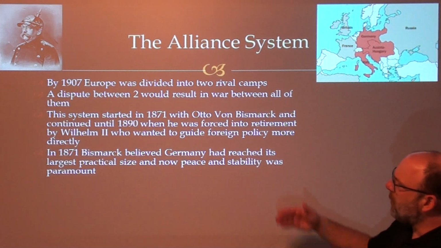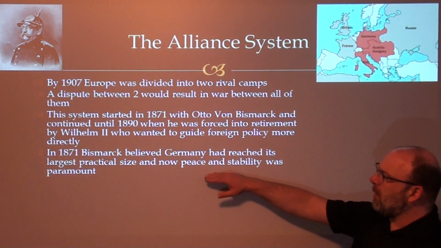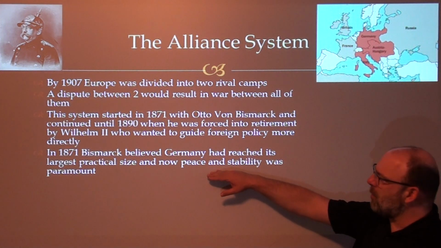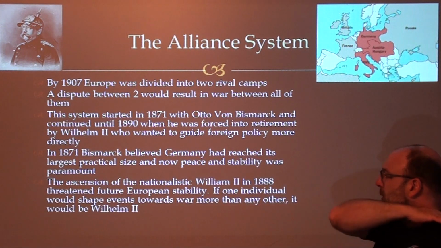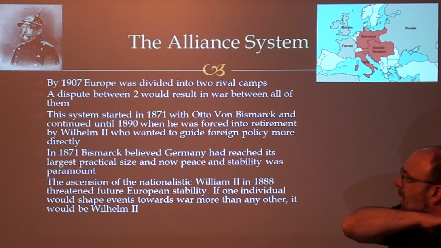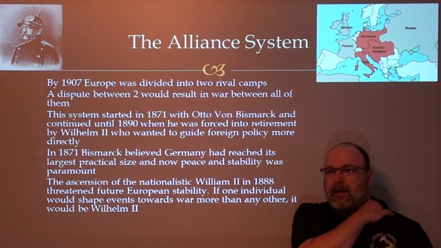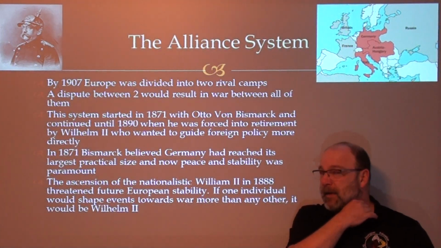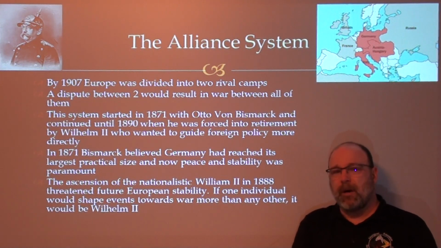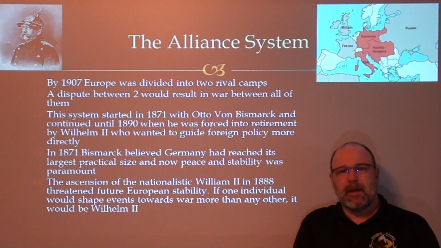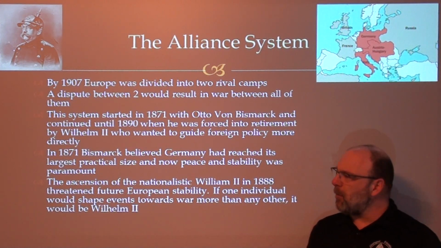So, after the final stage of unification in 1871, Germany had reached its largest size. The problem was that in his system from 1871 to 1888, that 17-year period, Bismarck was the guy, forging all these complex, labyrinthine alliances throughout Europe.